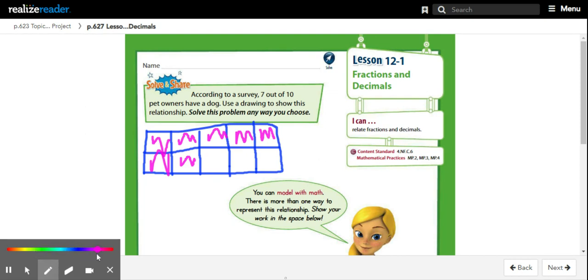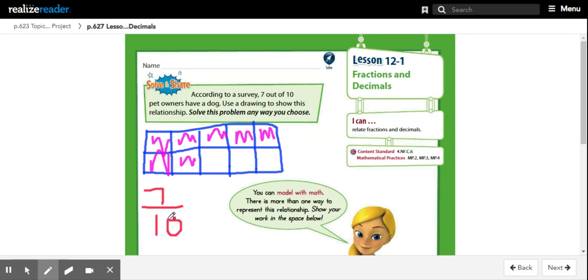You would see that our fraction would then be 7/10. Everybody agree with me so far? Awesome.